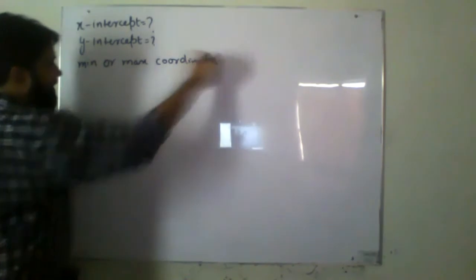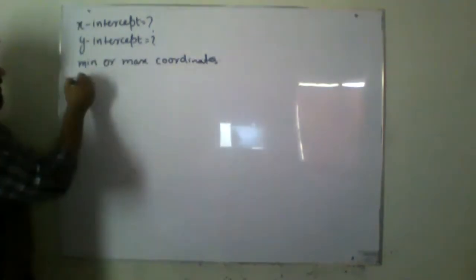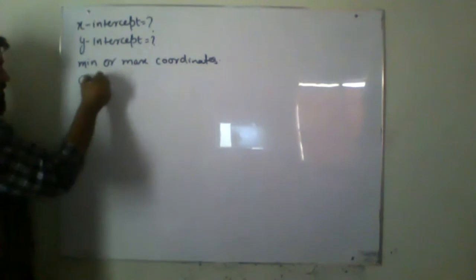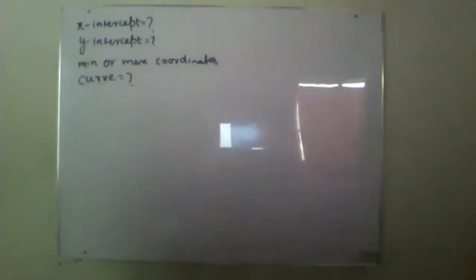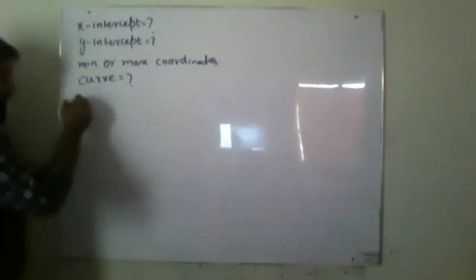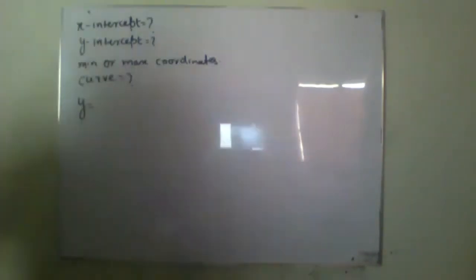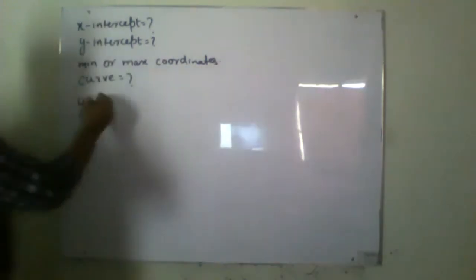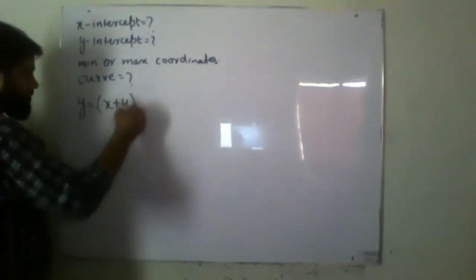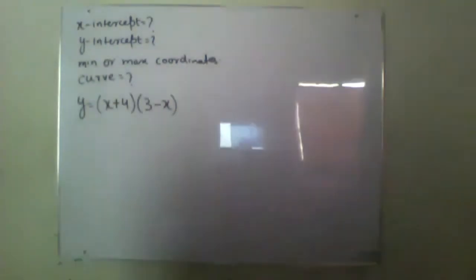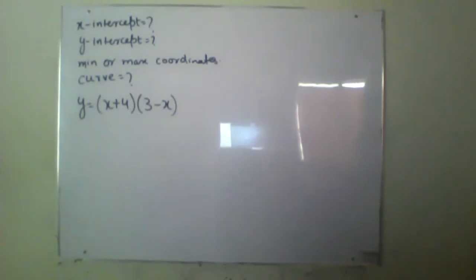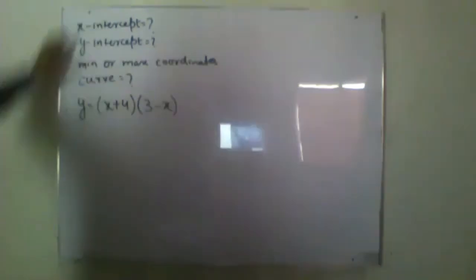I have to find that also, and I have to sketch my curve also. These are the things which I have to find. For instance, a question is given to me, y equals to x minus x, and in this question they are telling me to find the values of all these things.